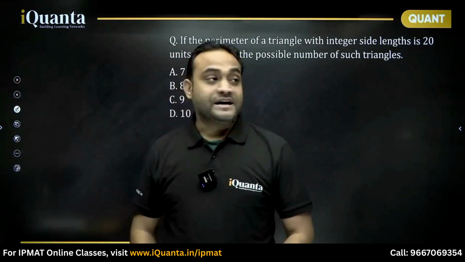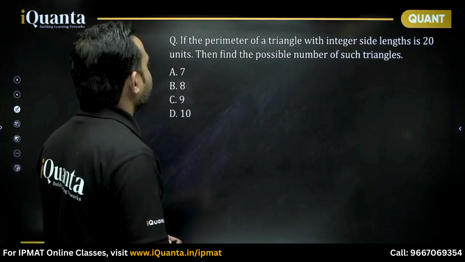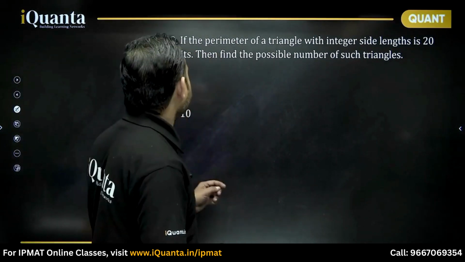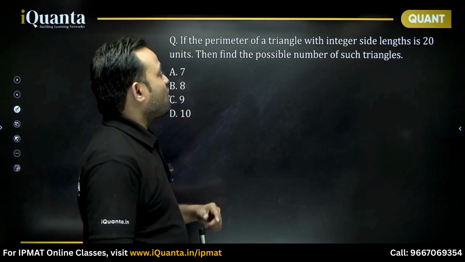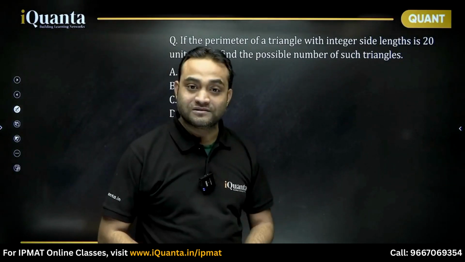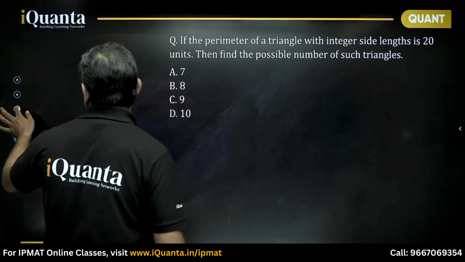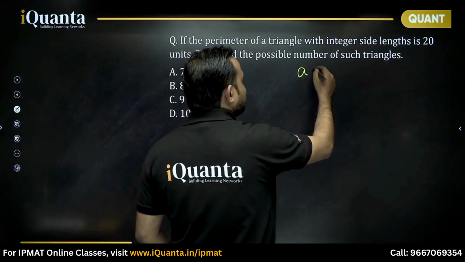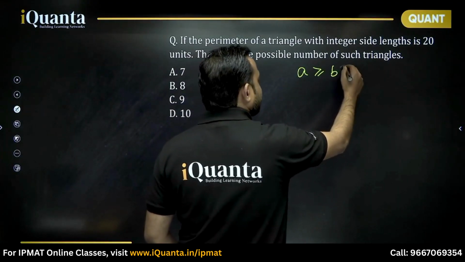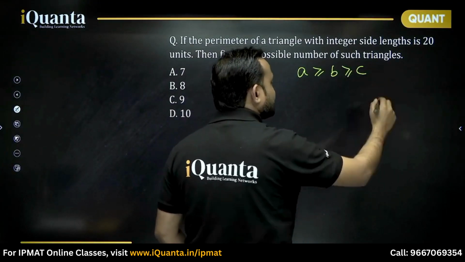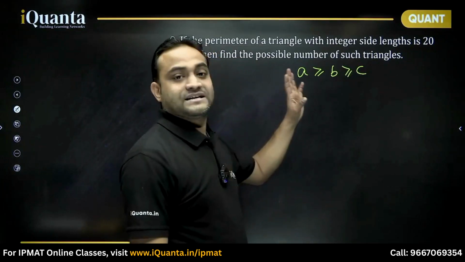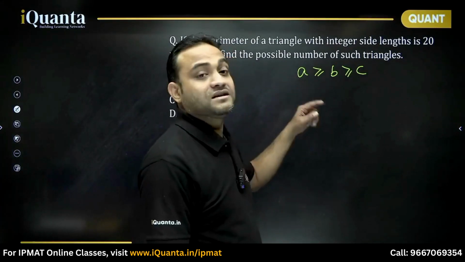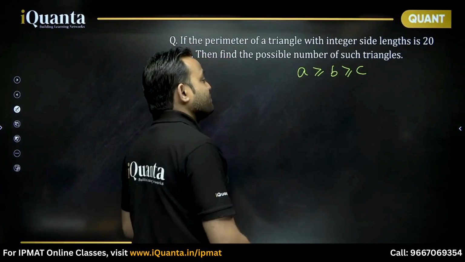Now, next question. It says, if the perimeter of a triangle with integer side length is 20 units, then find the possible number of such triangles. In the last video we saw that in any triangle, if the relation between the sides is taken as A is greater than or equal to B, B is greater than or equal to C, that makes A the greatest side and P is the perimeter.